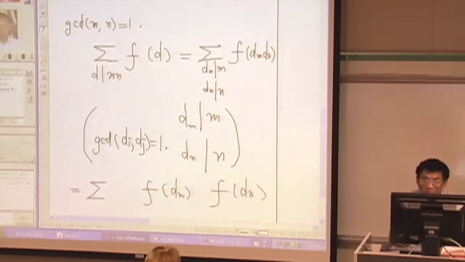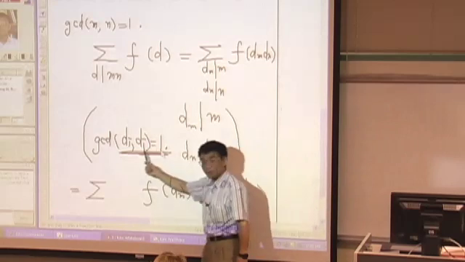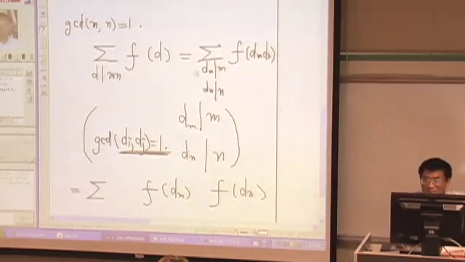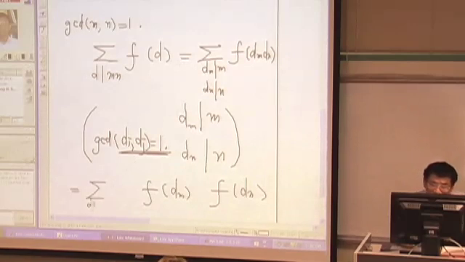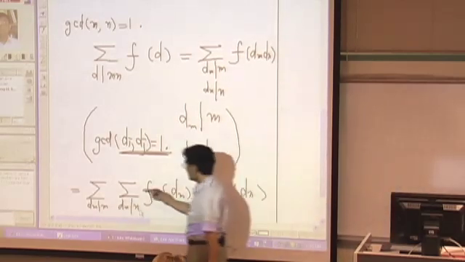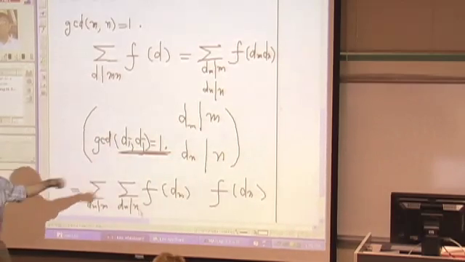Why? Because the GCD is 1, and the function is multiplicative, we can decompose. And then we can even decompose the sum: d_m divides m and d_n divides n. Take a look, and if you don't follow, ask me.